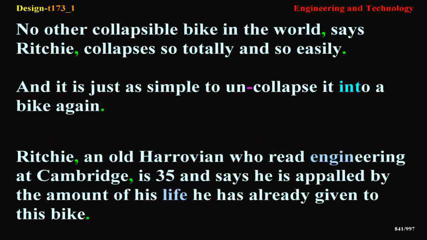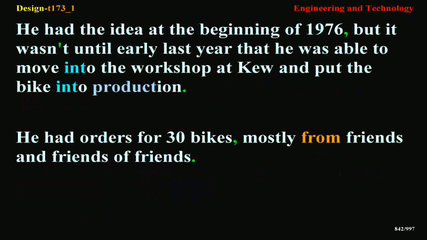Ritchie, an old Harrovian who read engineering at Cambridge, is 35 and says he is appalled by the amount of his life he has already given to this bike. He had the idea at the beginning of 1976, but it wasn't until early last year that he was able to move into the workshop at Q and put the bike into production. He had orders for 30 bikes, mostly from friends and friends of friends.